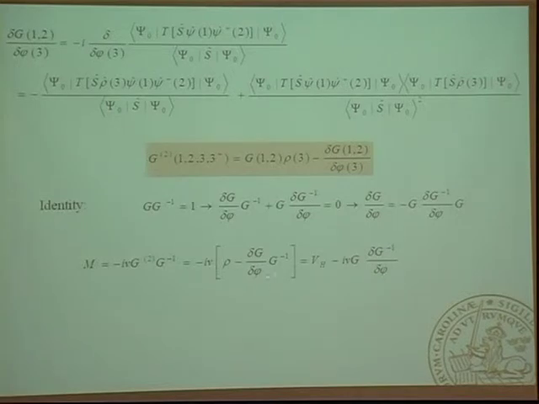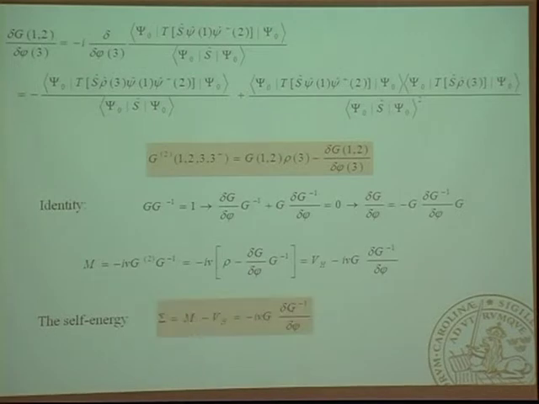And then I have this term coming from that one. But this first term here is just the Hartree potential, so just V Hartree. And then we are left with this quantity here. So now we use the identity in these expressions, and we get that term.